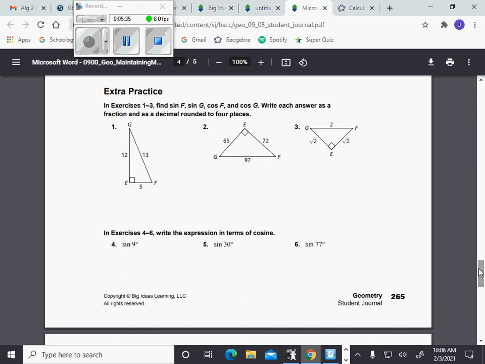First, we're going to do these exercises 1 through 3. We're going to find the sine of f, the sine of g, the cosine of f, and the cosine of g. So let's start with f. The sine of f equals, remember to go opposite. So what's opposite of f? It's 12 over 13.